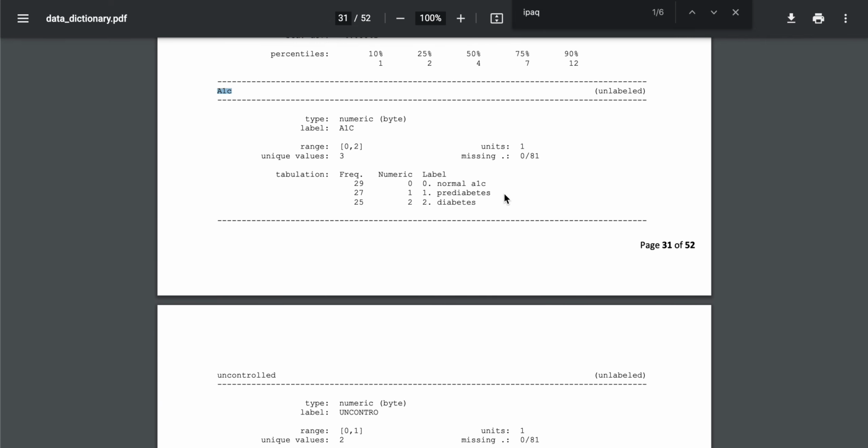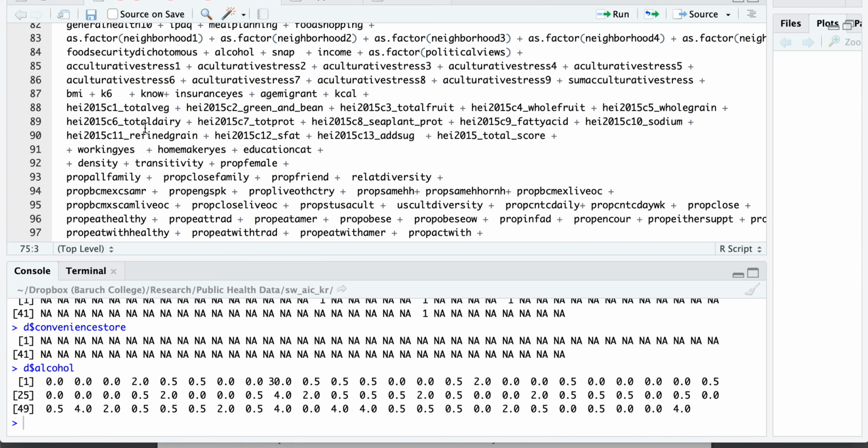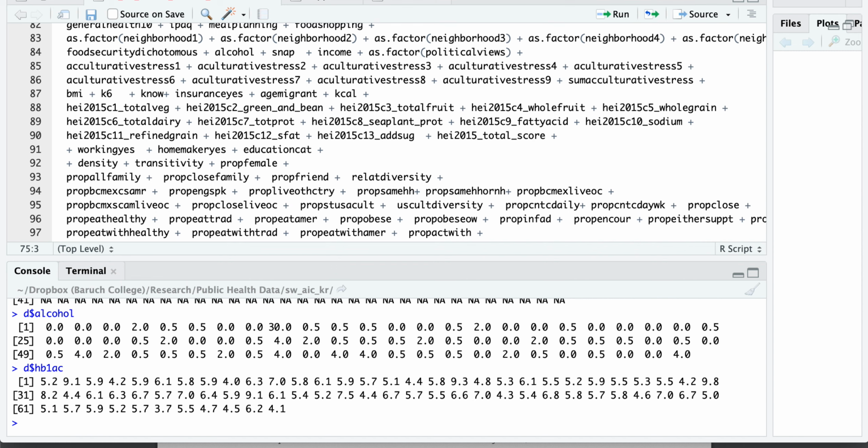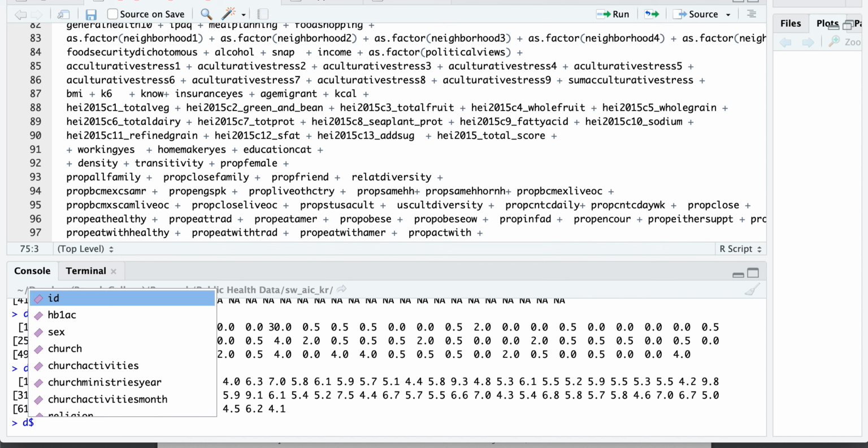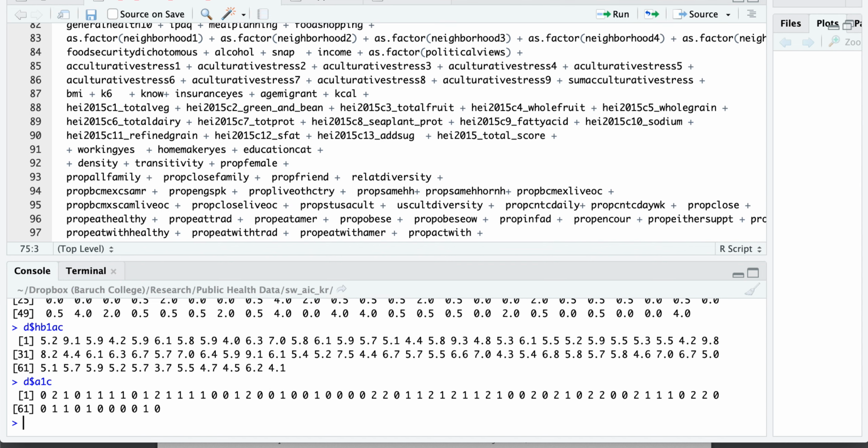A1C is a categorical version of the response. So obviously, if you regress the response, which is HB1AC, and then we have the A1C, essentially this is a categorized version of this one.